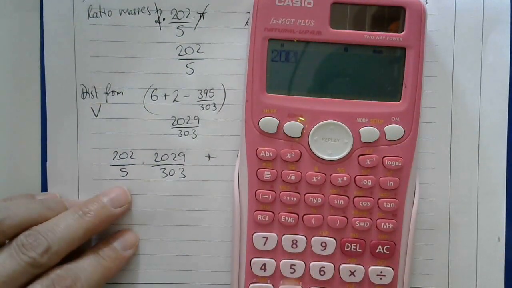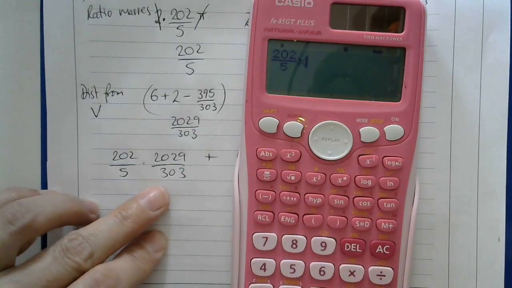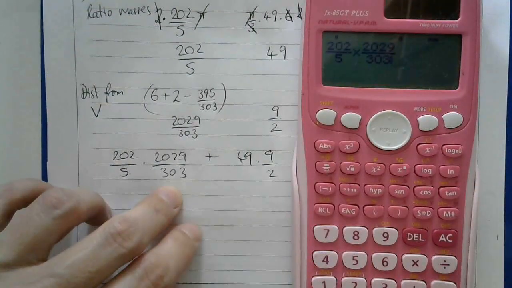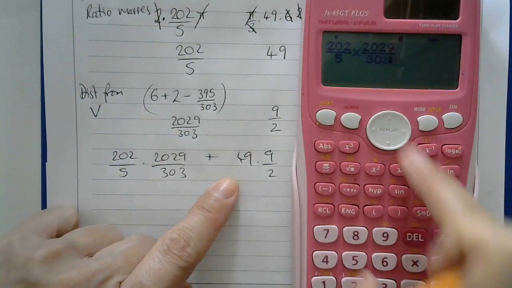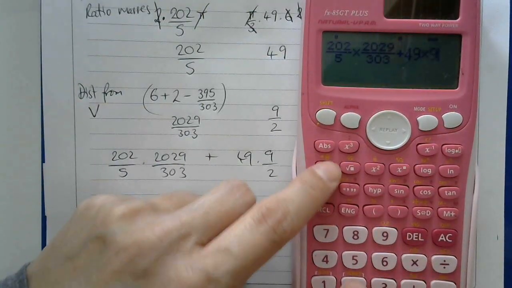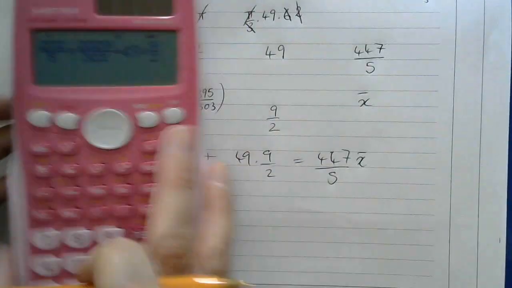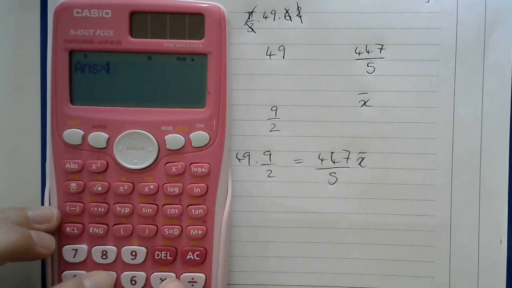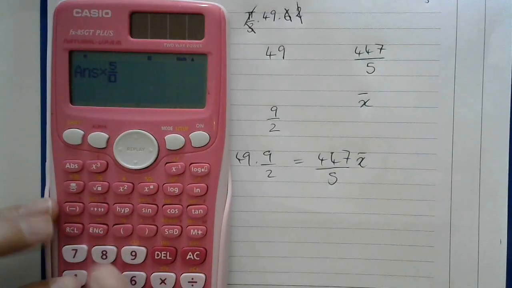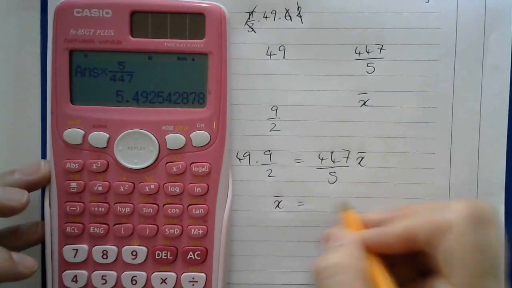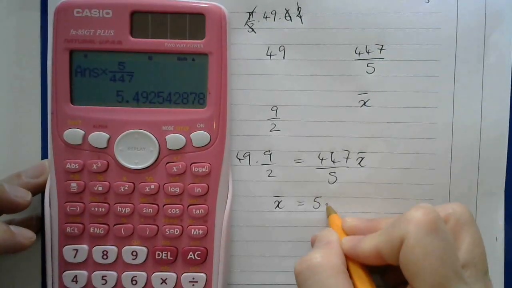So I've got 202 over 5 multiplied by 2029 over 303 plus 49 times 9 over 2, and that gives me this value, which will then be multiplied by 5 and divided by 447. And so I end up with x bar is 5.